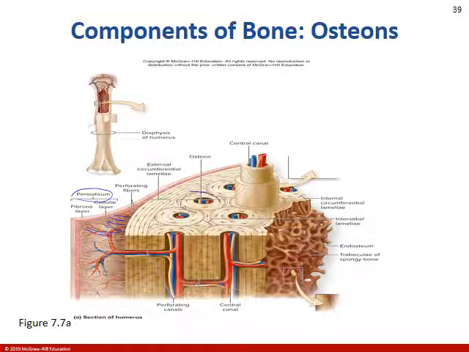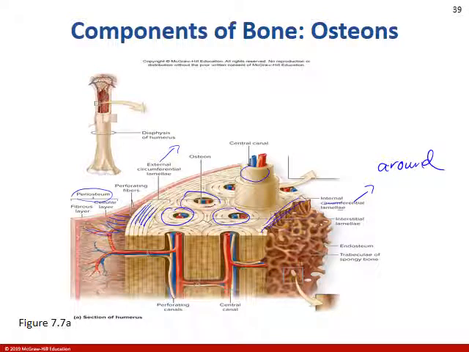You can see the osteons, right? The osteons are the circles. There is an outer wrapping, which is the external circumferential lamella, and then an internal wrapping, which is the internal circumferential lamella. Remember, circumferential, circumference, around.